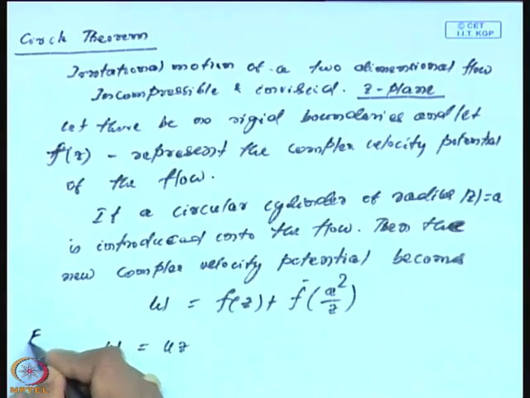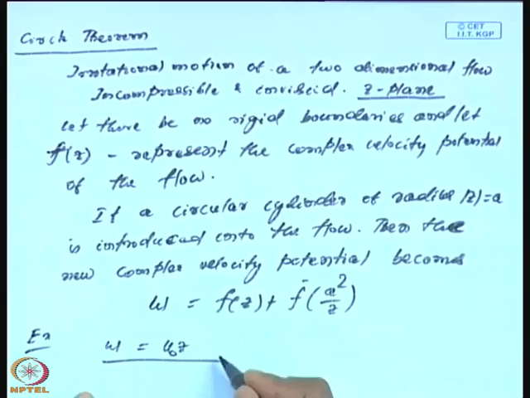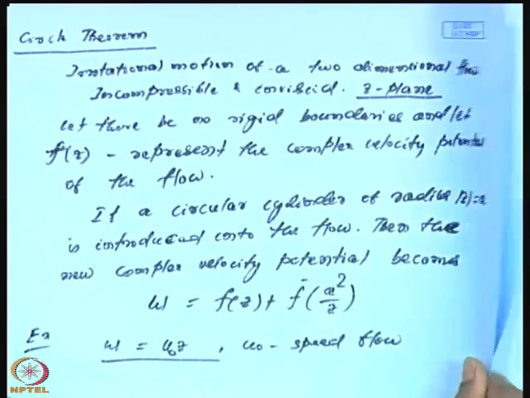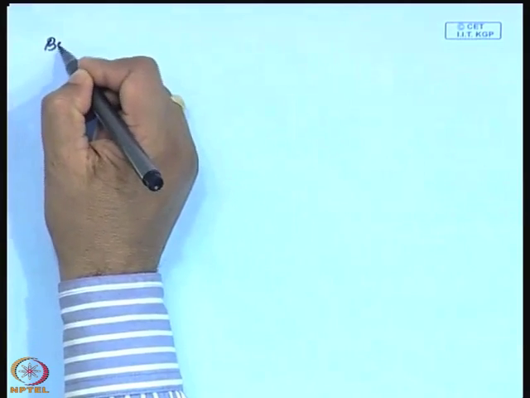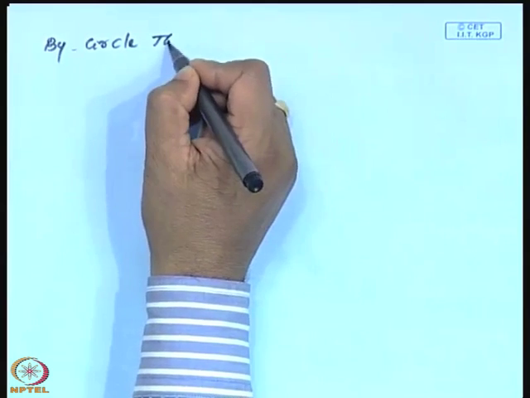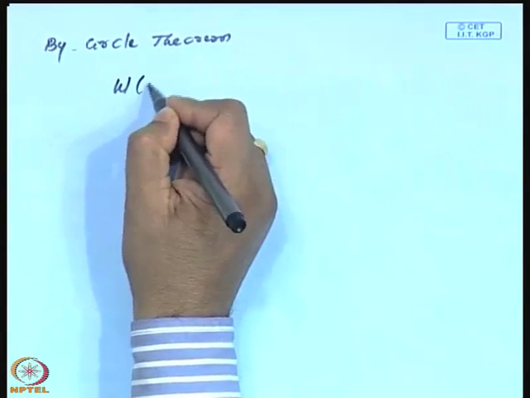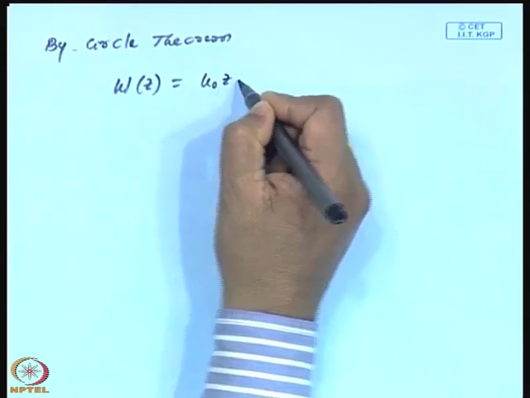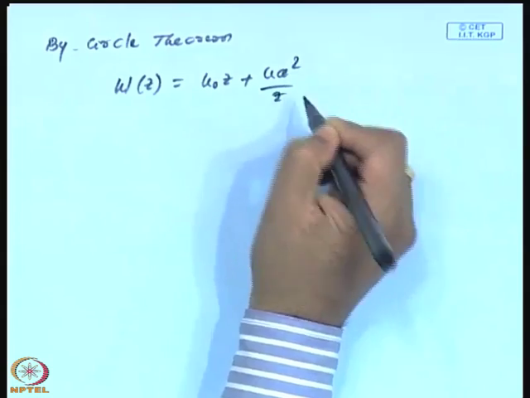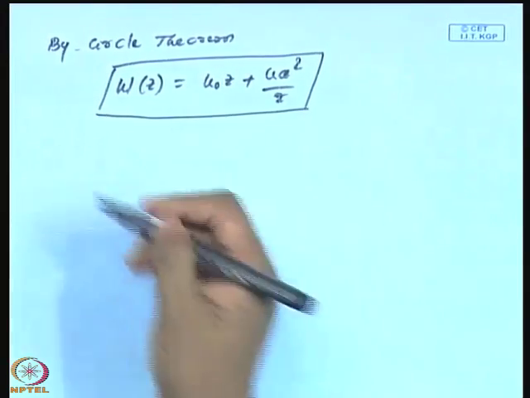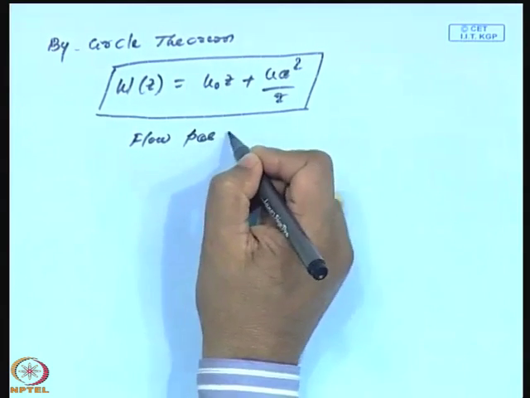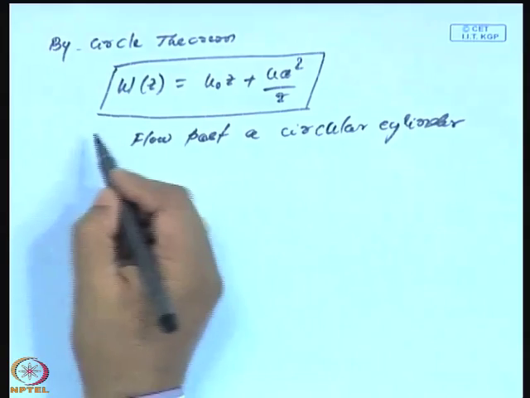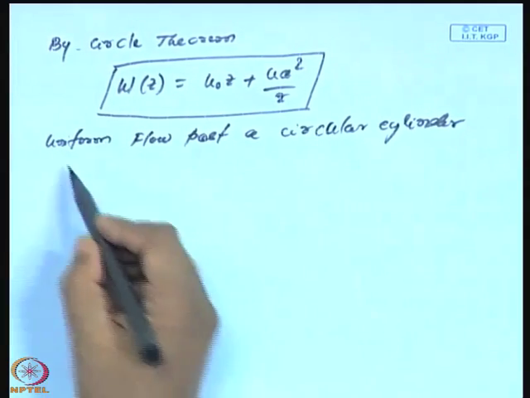If I apply the circle theorem and introduce a circular cylinder to the flow, then my new W(z) will be u naught z plus u naught a squared by z, and this is the uniform flow past a circular cylinder.